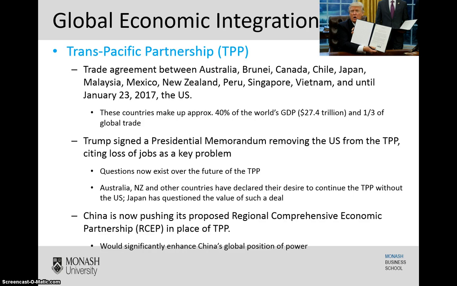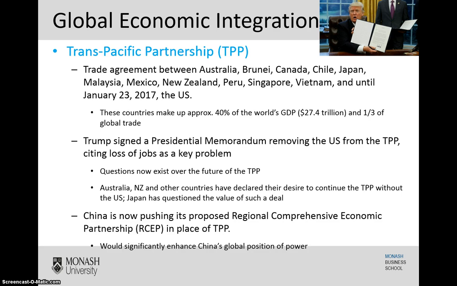And this has created an opportunity, certainly from a Chinese perspective, and the Chinese government is now pushing its own proposed alternate or rival agreement, which is called the Regional Comprehensive Economic Partnership, to effectively replace the TPP, given that the US is now no longer involved. If they are successful in getting these countries who had previously been committed to the TPP to transfer into this revised agreement, it would certainly significantly enhance China's global position of power.